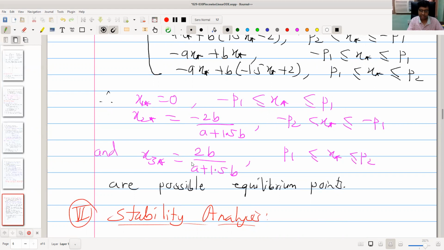And x3 star is just minus x2 star. So this is nothing but 0.87.